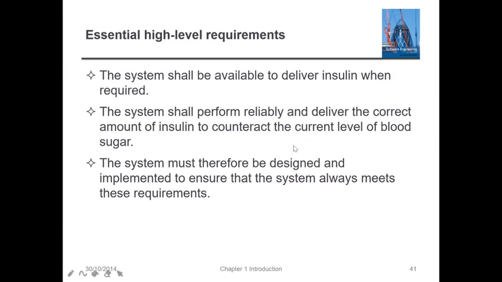Otherwise the patient can go for a brain hemorrhage, or into a coma, or even the death stage. But you have to check first the current level of blood sugar, and then you are going to give the amount of insulin. The system must therefore be designed and implemented to ensure that it always meets these requirements.